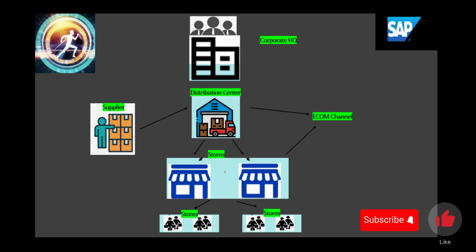SAP has built software that can cater to all these integration points. Whatever happens at each of these integration points can be taken care of by SAP. That's why they are so powerful, and they are the preferred software for so many multinational companies.